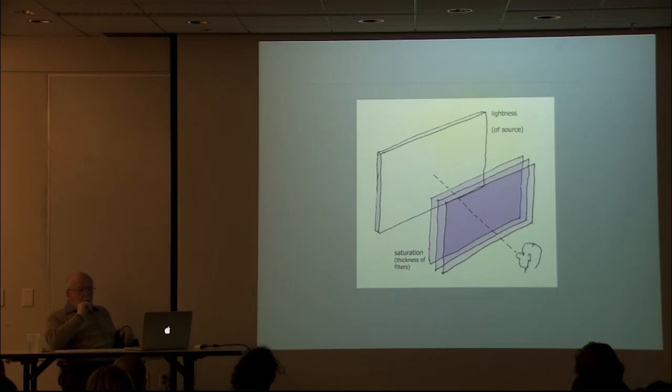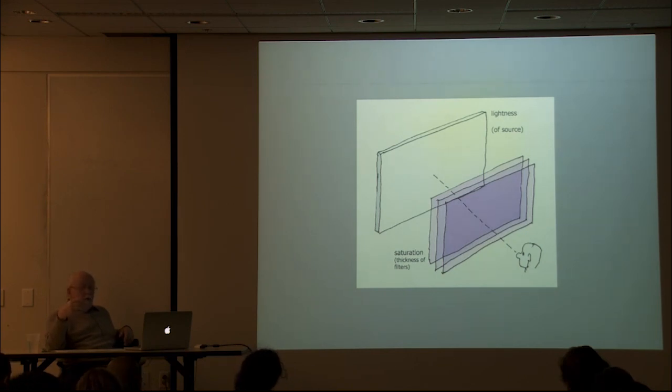And this is really a model of the way things behave for people. If you're talking about the perception of a patch of color, you can think of it as a light source and some kind of filter of some particular color, and what you think of as saturation.